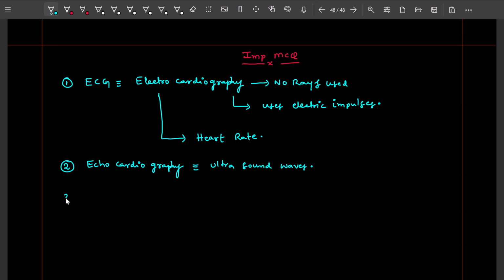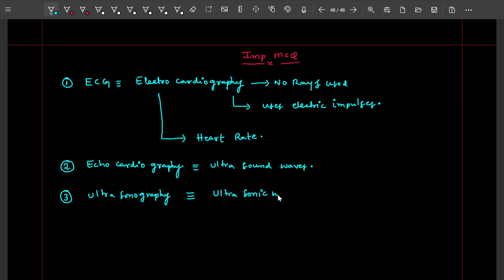And then the third one is ultrasonography. What does ultrasonography use? It uses ultrasonic waves.